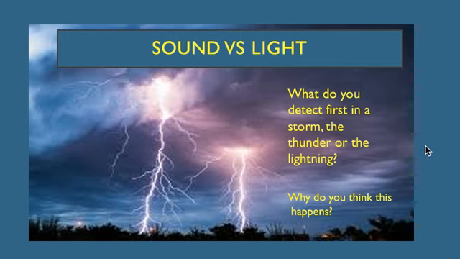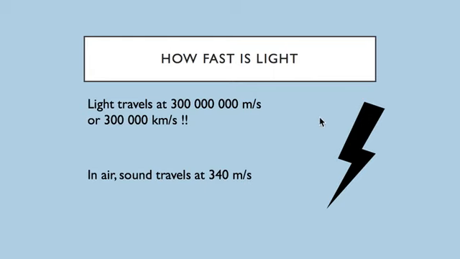So let's come back to this question we started at the beginning. Why do you see the lightning and then hear the clap of the thunder afterwards? Well, it's really all to do with the speed that these things travel. So light travels at 300 million meters a second. That's 300,000 kilometers every second. Just think about that, 300,000 kilometers every second. That's really, really fast.